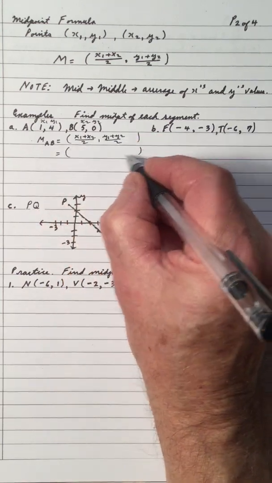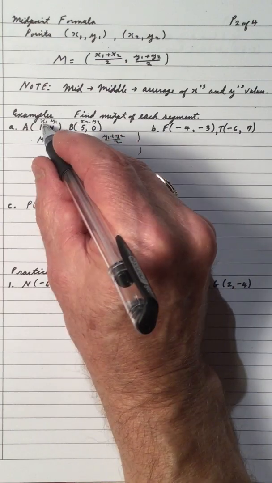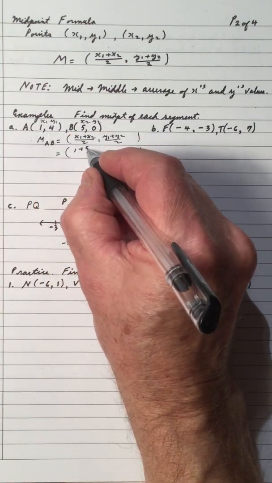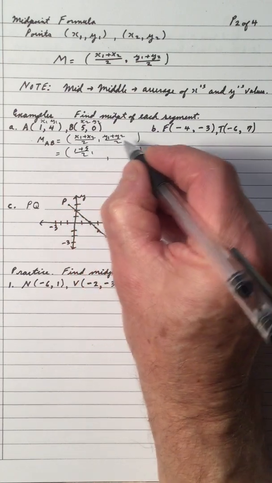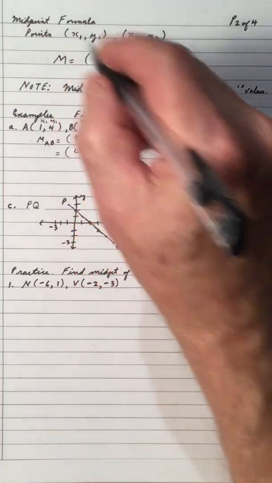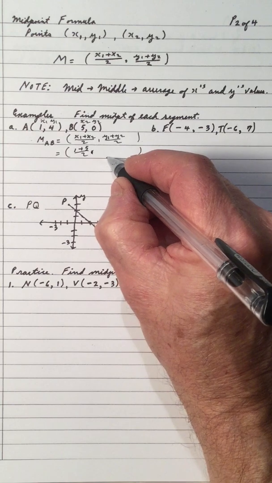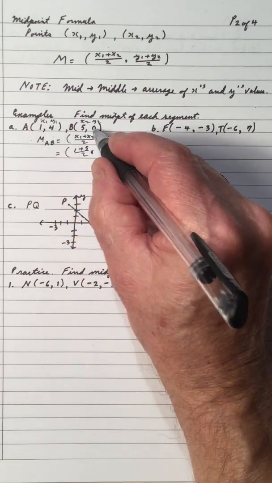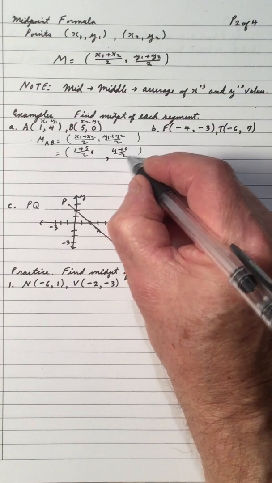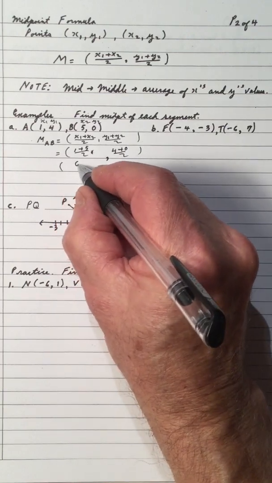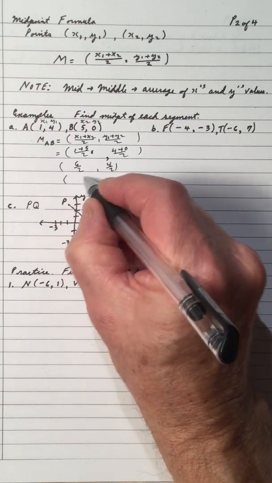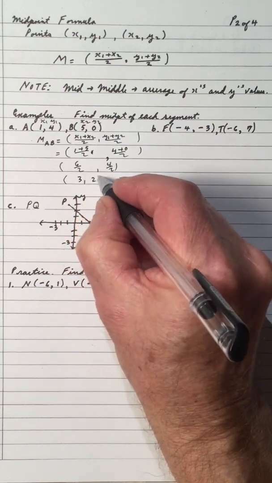And in terms of the points, x1 is 1, x2 is 5, divided by 2. And we have a comma there. I didn't need that comma because I already have it here. And we have a 4 add on 0 over 2. And that gives us 6 over 2 and 4 over 2. So the midpoint is 3, 2.